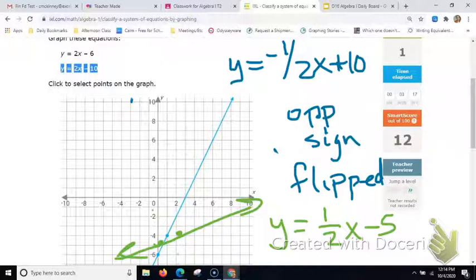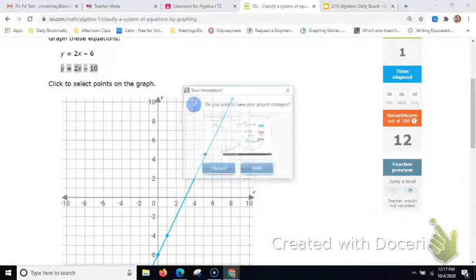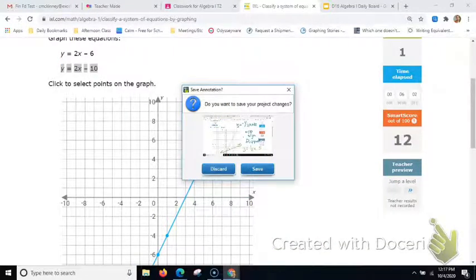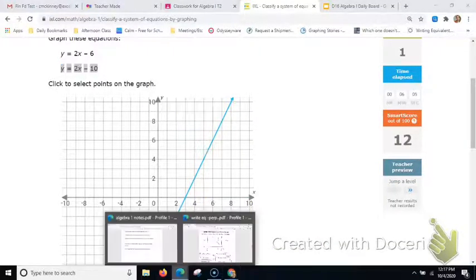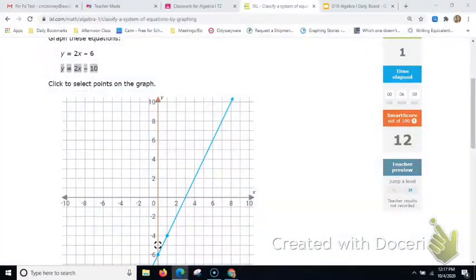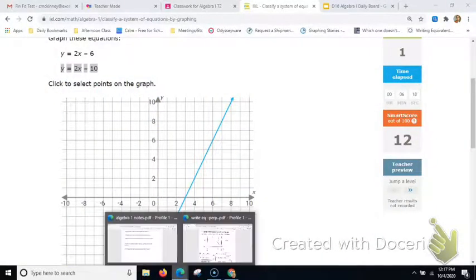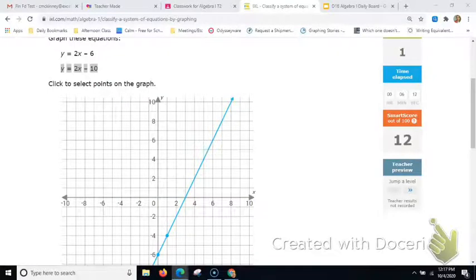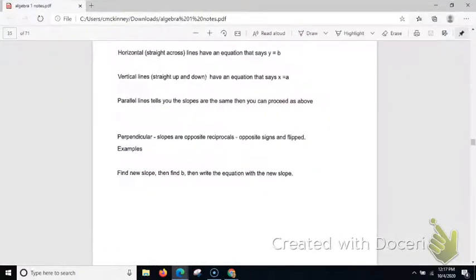So what you are going to do in IXL about this is in your notes, by the way, in your notes, if I can get to that page. This page needs to come over here, sorry. Notice there's a reminder about our horizontal and vertical lines, and then parallel lines tells you that the slopes are the same, and perpendicular that the slopes are opposite reciprocal.